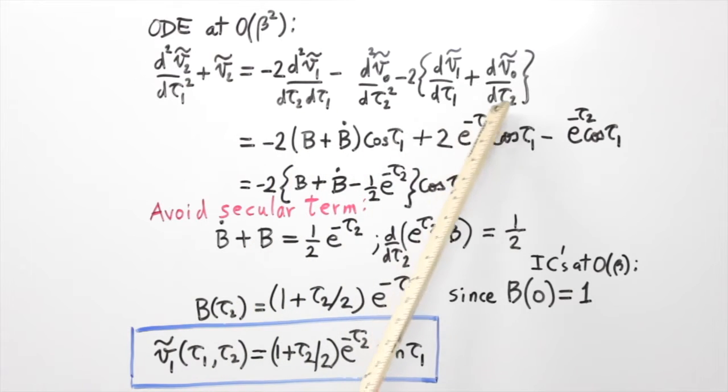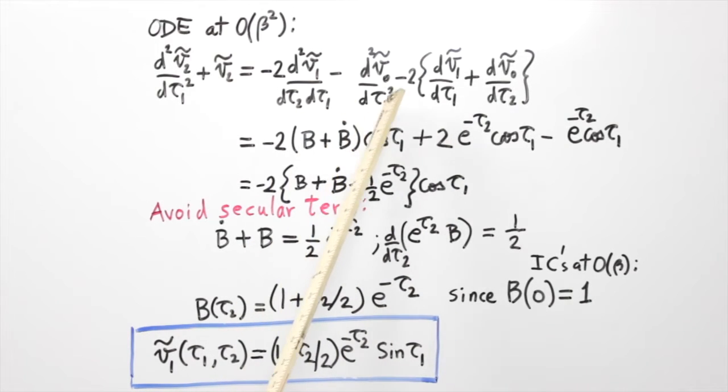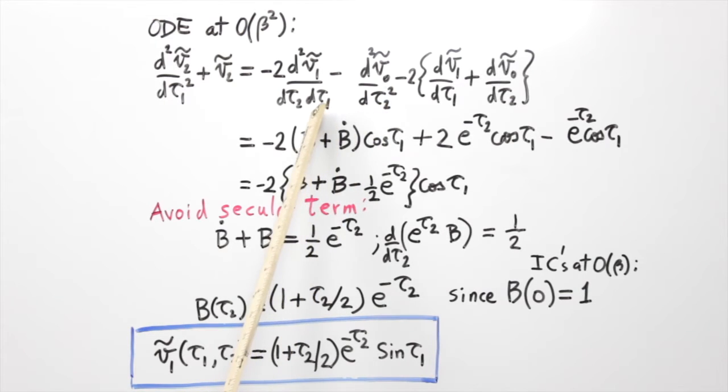Now everything on the right hand side is already known because V0 has been calculated, and for V1 we just proposed a form, and so the homogeneous solution for V1 and V0, as has been found before, we substitute, and we have these terms, and we can clean them up.